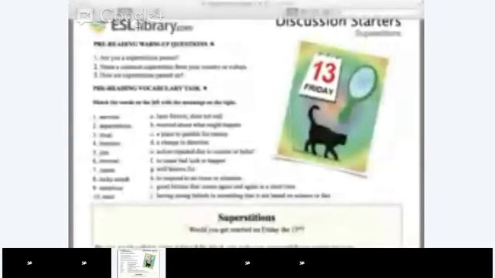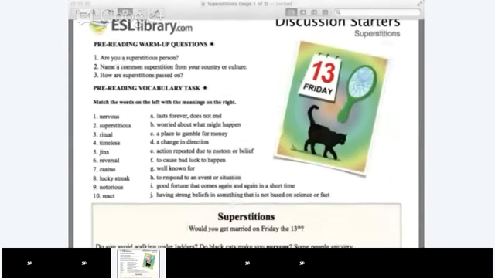Okay. You're from Spain. In Spain, is 13 a number that brings bad luck? 13. That's the same for us as well. 13 is not a good number in the United States. So you try to avoid that.